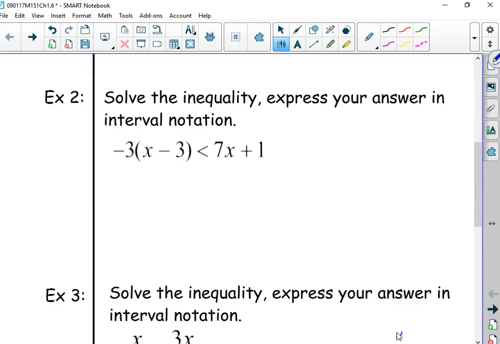The reason I'm showing you this example is because when I have negative x's on both sides, I work around it so that my x always winds up positive, because my errors tend to be in forgetting to flip the sign of the inequality. So I try to avoid those errors.